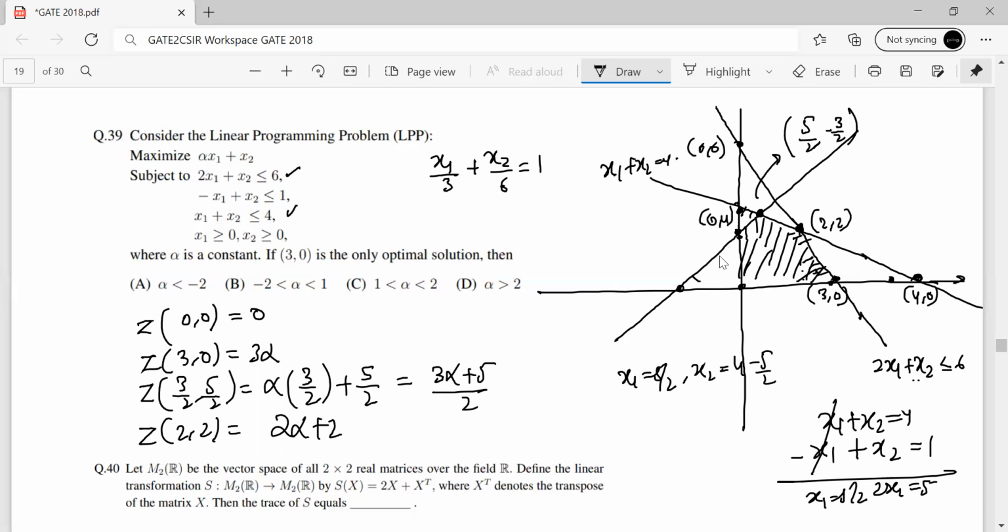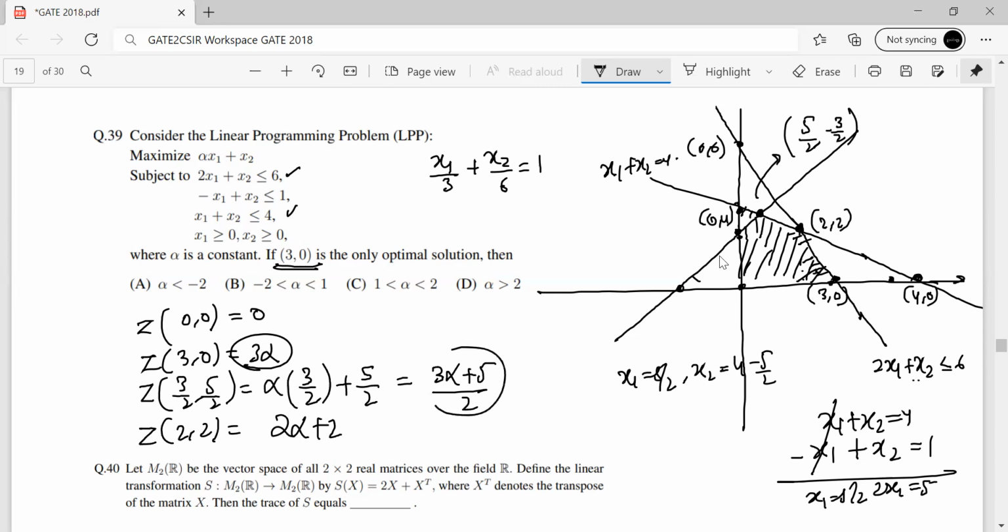Now, since alpha is a constant, and 3 comma 0 is the only optimal solution, it is also given that 3 comma 0 is the only optimal solution. That means this is the optimal solution, so all the other solutions must be less than that.